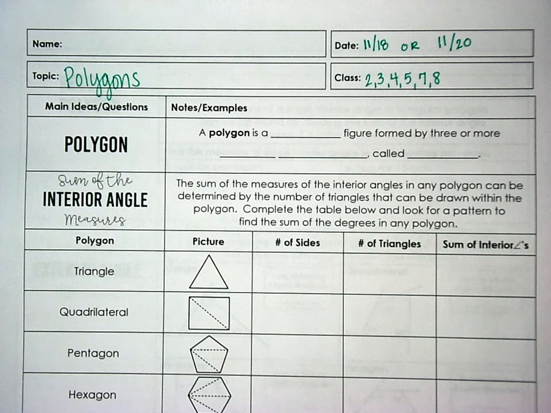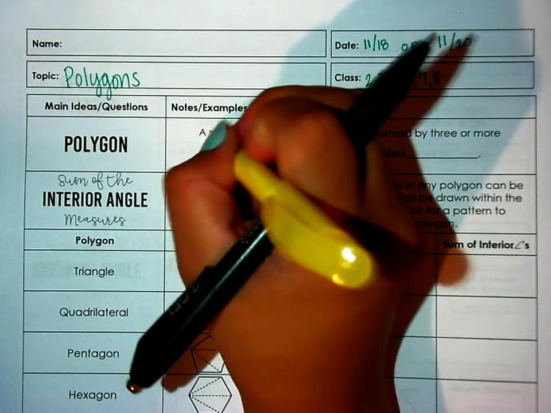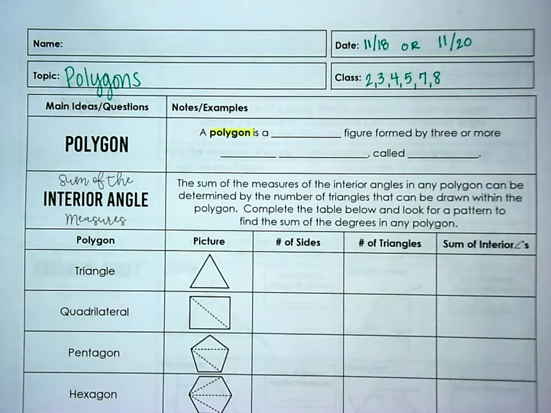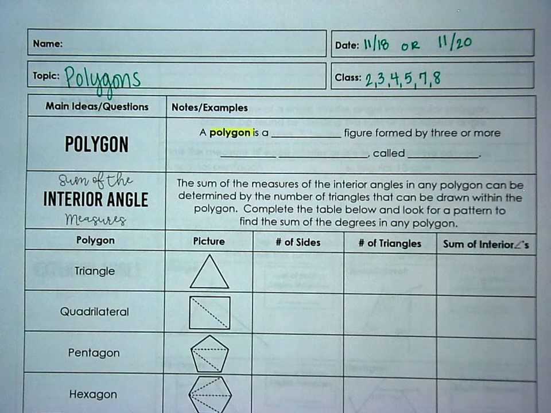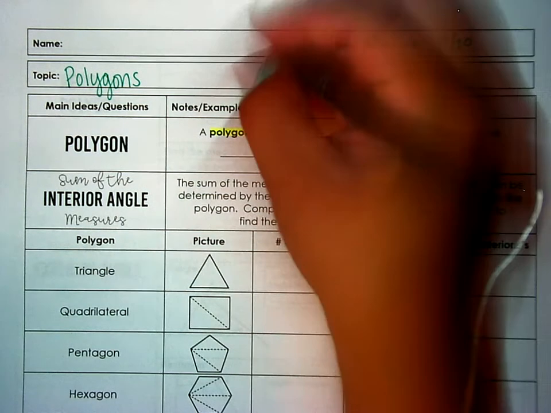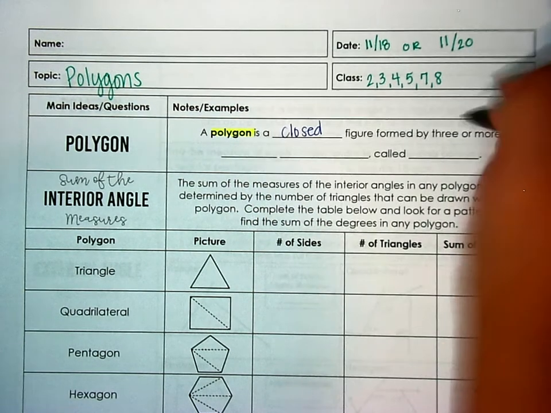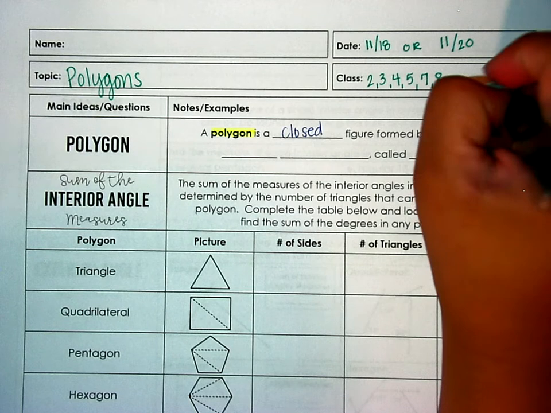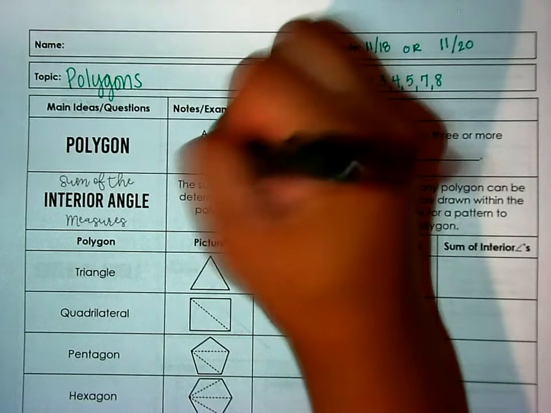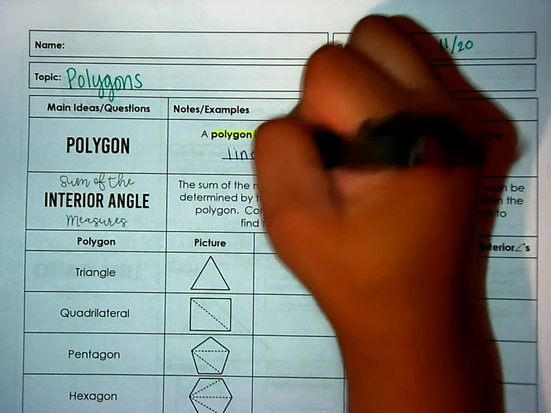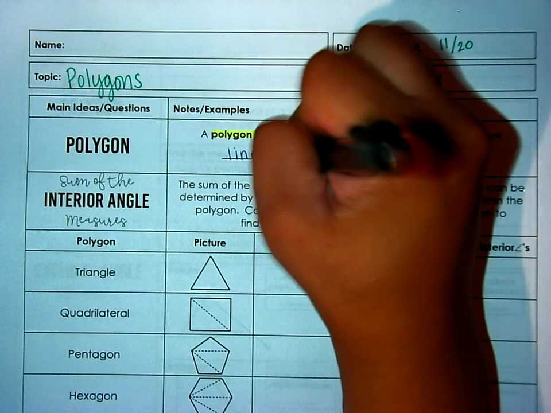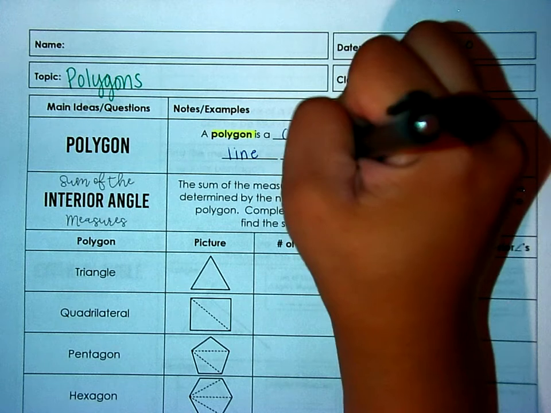So a polygon is a shape. Okay, so there are some restrictions to the shape. A polygon is a closed figure formed by 3 or more line segments, so there are no open parts. They have to be straight. That's what line segments are.